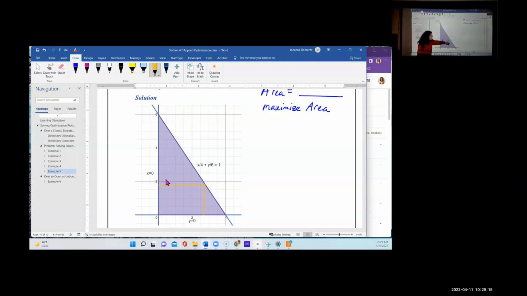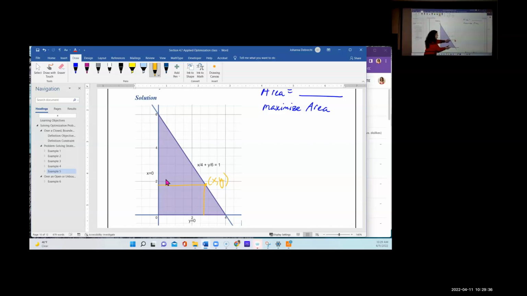You can see it has this length and this height. Notice that it is touching here at some value, x y, that is on that slanted line. And so the length of the rectangle becomes the x coordinate of that point, which is the x value on that line.